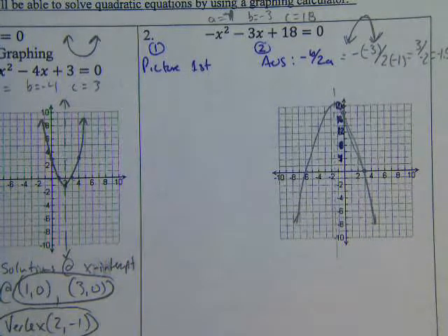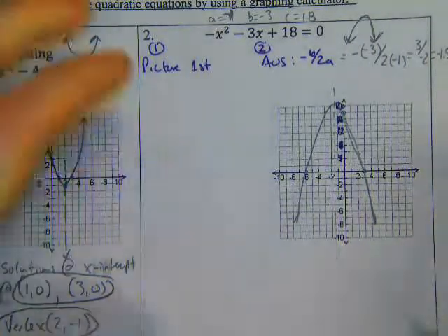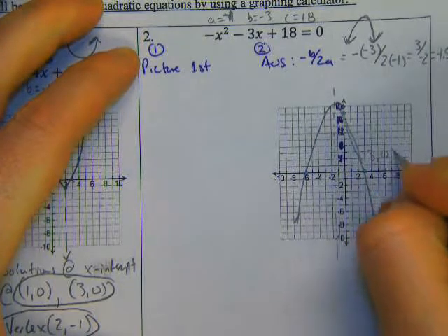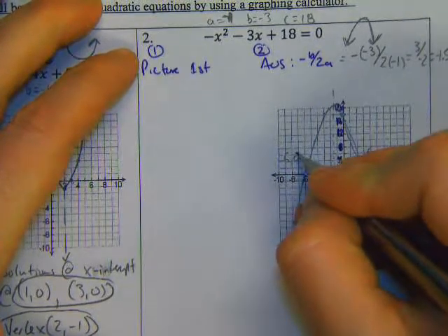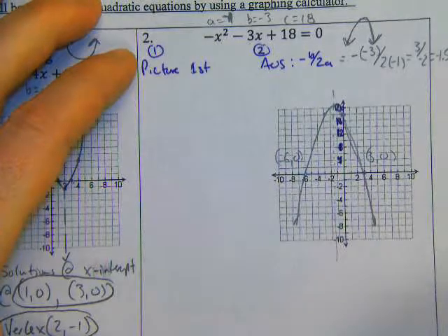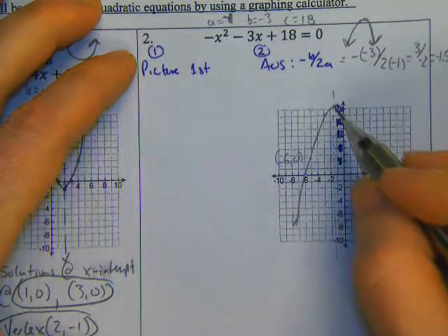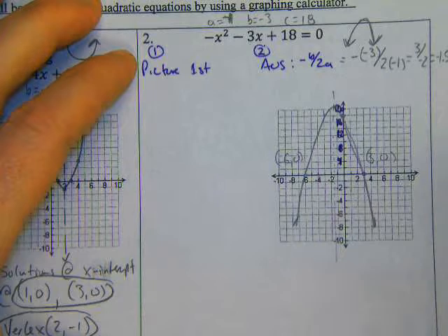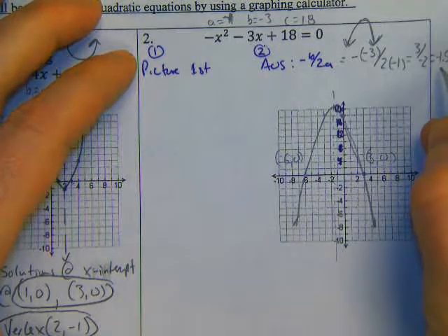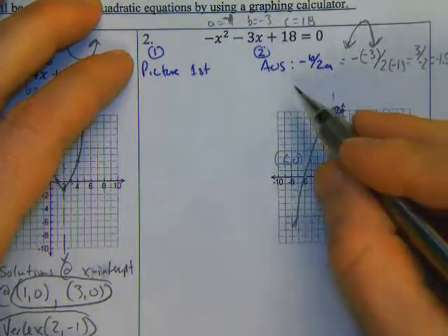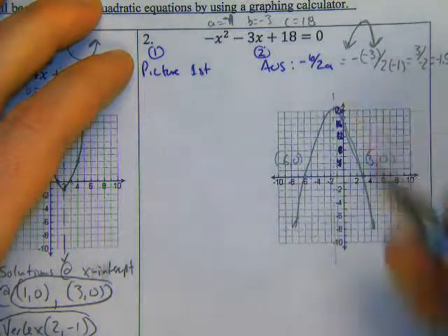So yeah, then I got the picture. I got this point 3, 0, got negative 6, 0, and then I want to check this vertex. So remember, to get the vertex, I take whatever x or the line of symmetry is and plug it back in for the x's.